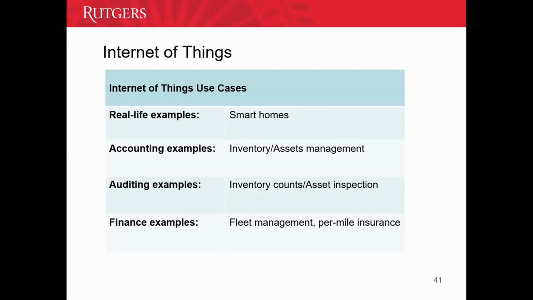Instead of the auditor physically inspecting those assets, there are now piloting initiatives to have drones roving over the facility, taking pictures and analyzing the images to determine whether assets exist and what the state of those assets is.